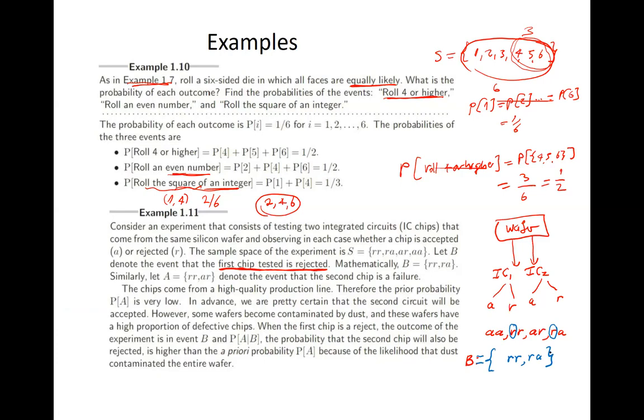We can define another event. The second chip is a failure, let's say A. So I should take the outcomes where the second chip is R. What are they?